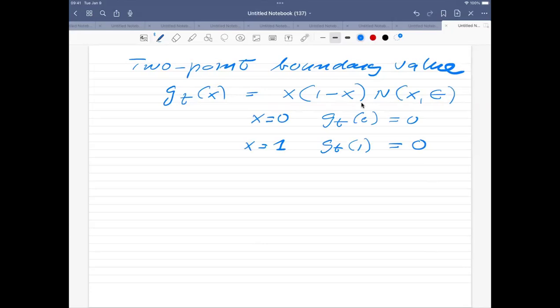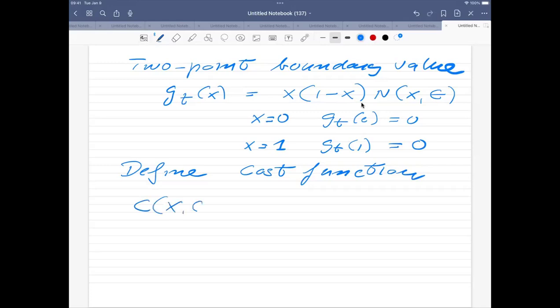Now, what is the basic recipe when we are setting up a neural network here? What we are going to do now is to define a cost function or loss function. And a very natural one to set up is a C of x of theta. So theta are the parameters. And we have a given number of integration points.